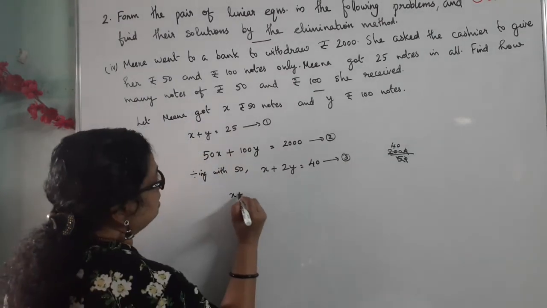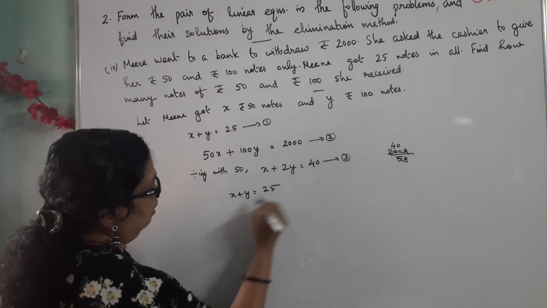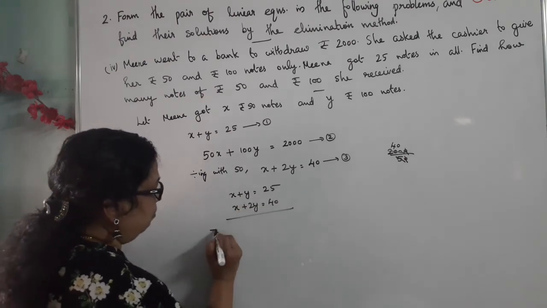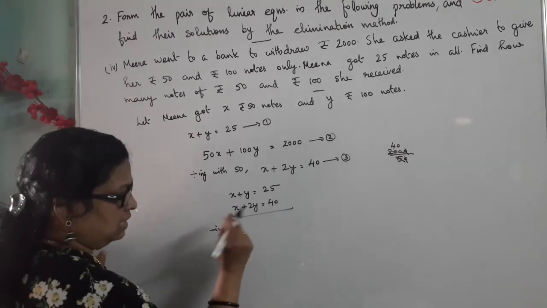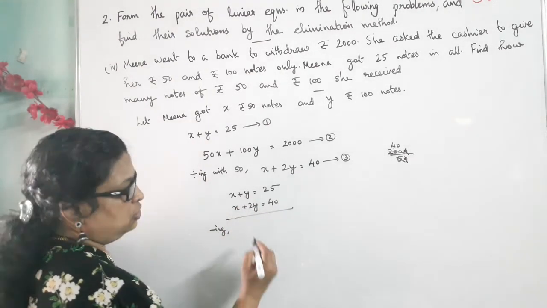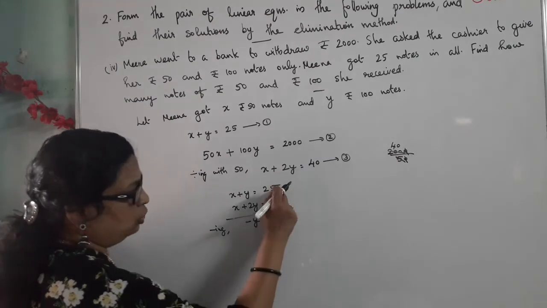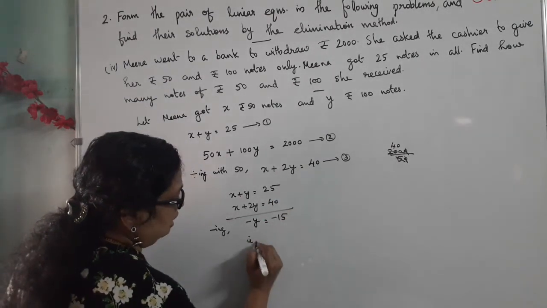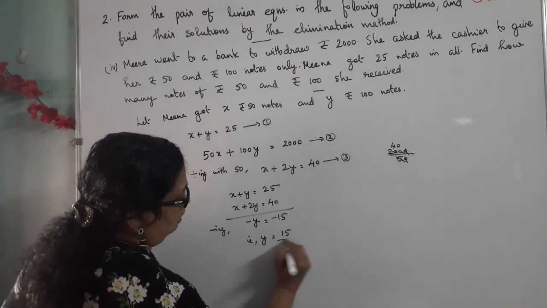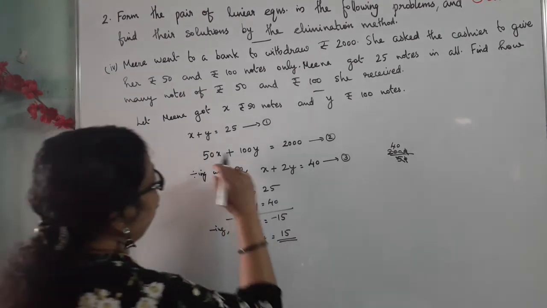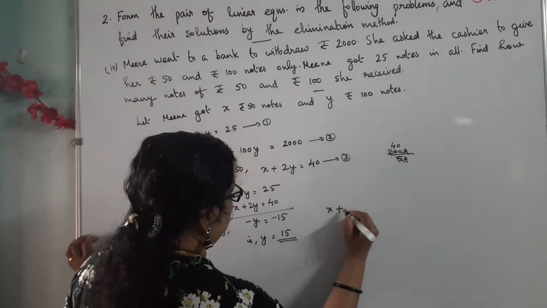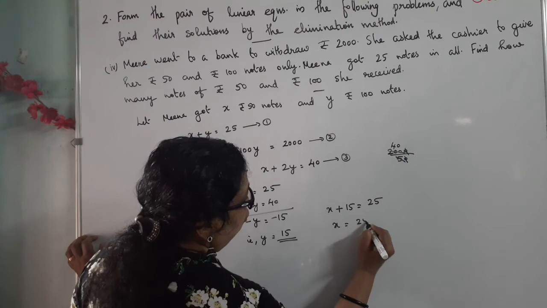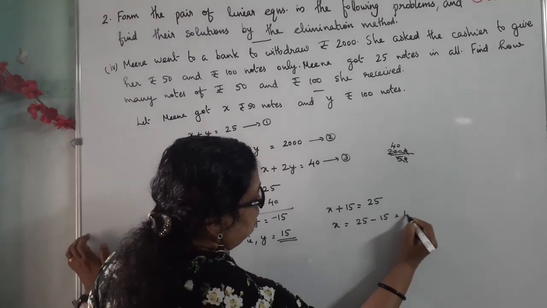Then x + y = 25 and x + 2y = 40. So subtracting, x − x cancels, y − 2y, that is −y = 25 − 40, that is −15, that is y = 15. Then we can substitute in any one of the equations, x + 15 = 25, that is x = 25 − 15 which is equal to 10.